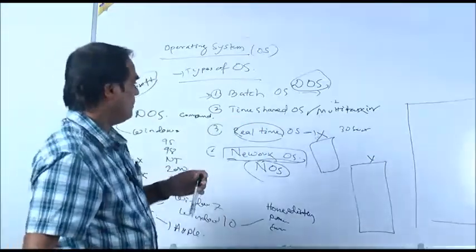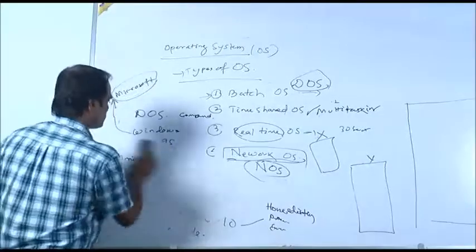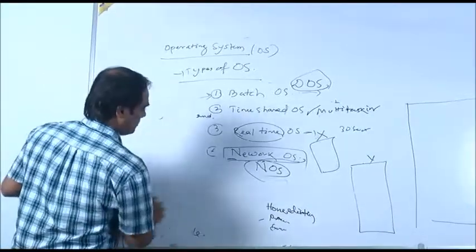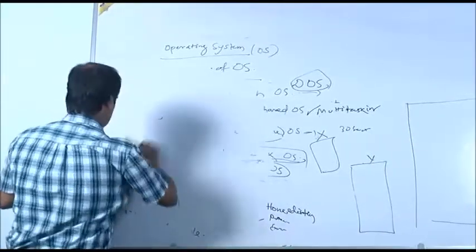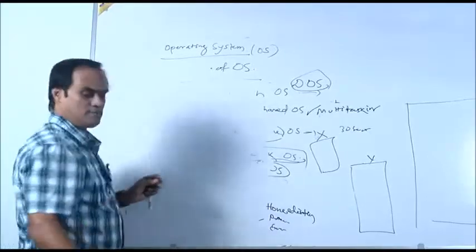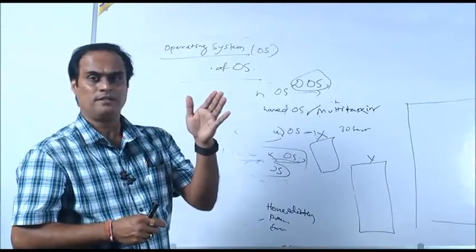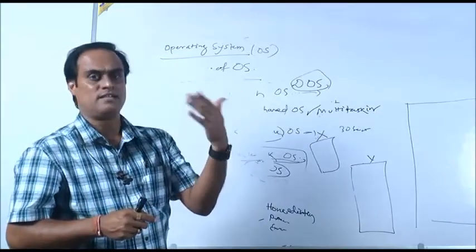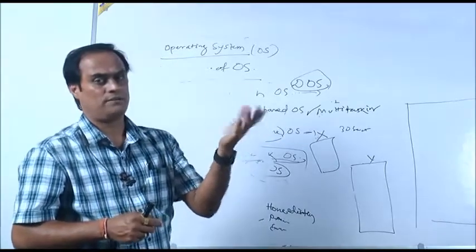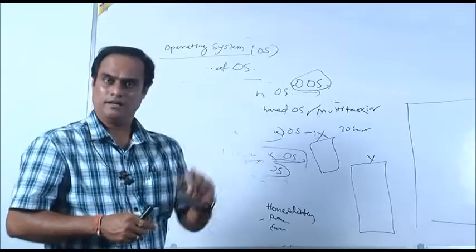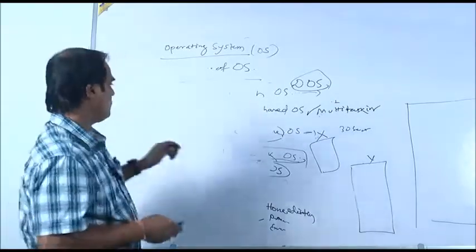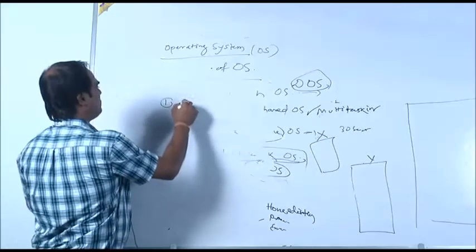So, we have a number of softwares. Again I explained system software. System software is responsible for running the system in an effective way. So, the operating system is system software, yes or no.